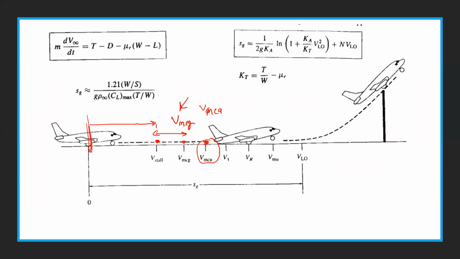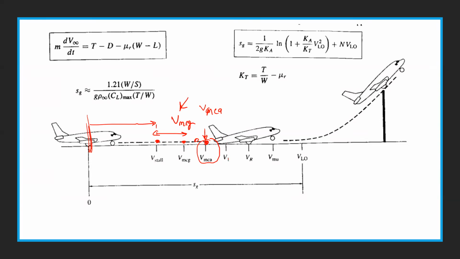When the aircraft accelerates, it crosses Vstall first, then VMCG, and then it accelerates further. Then it comes to VMCA. The idea is if your aircraft is flying below VMCA, the control surfaces might not be very effective while flying. So this number is for reference here.